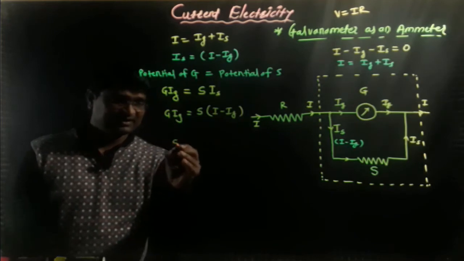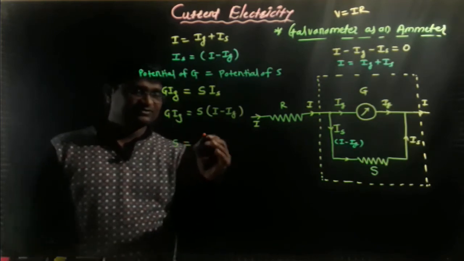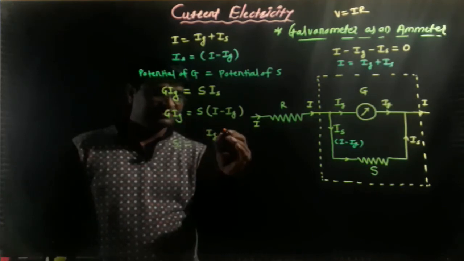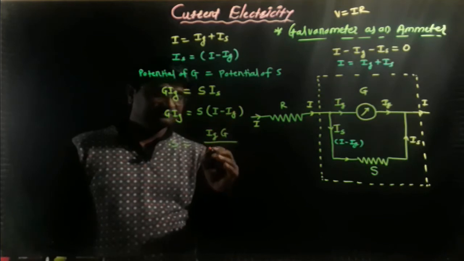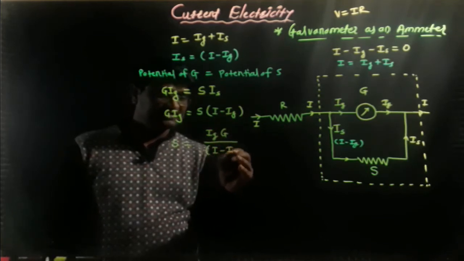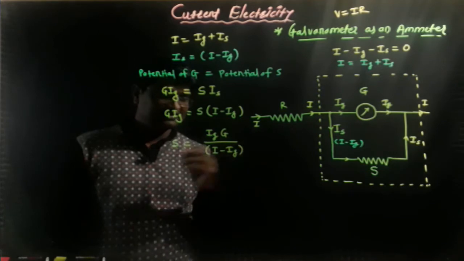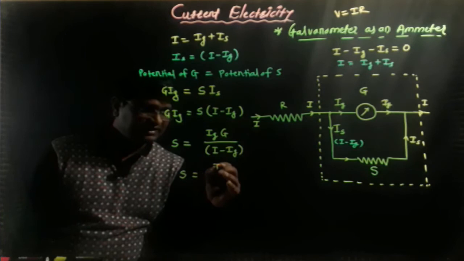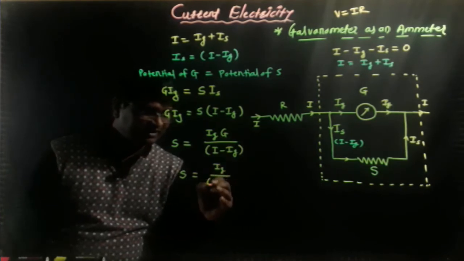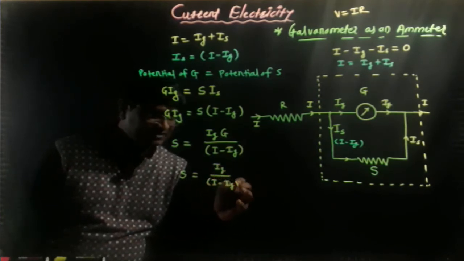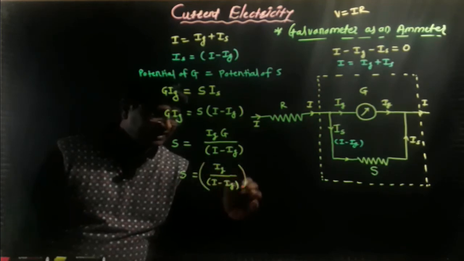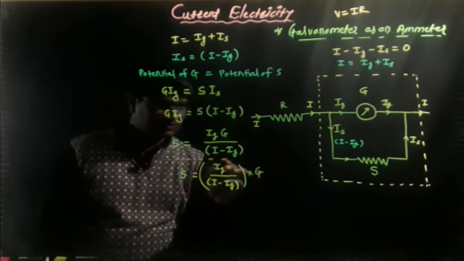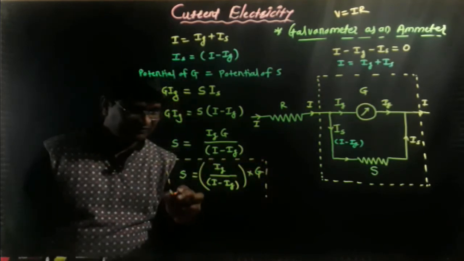We have determined it: S is equal to Ig divided by I minus Ig, in the bracket, multiplied by G. So this is the value of S.